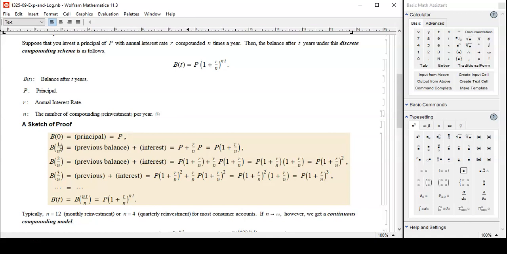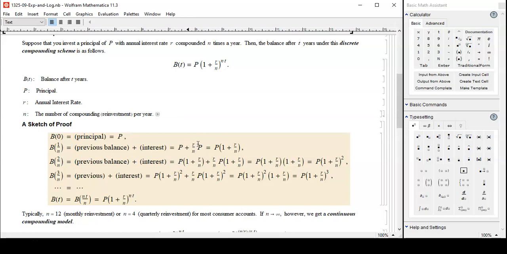So 1 over n, previous balance times the interest. Makes sense, right? Previous balance, and then it grew a little bit. But what's the interest? Well, interest rate times the principal, but interest rate R is annual interest.